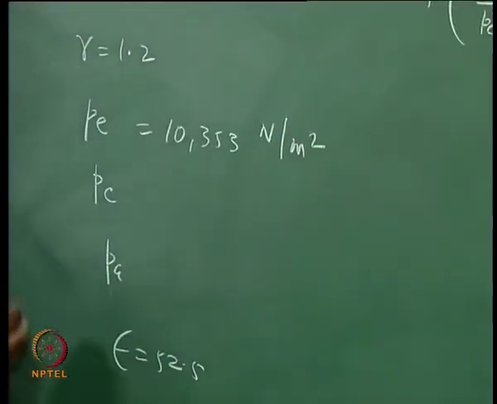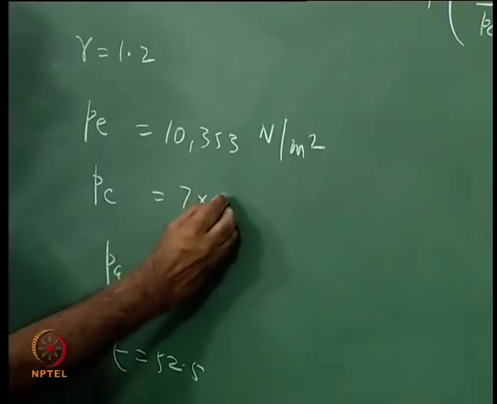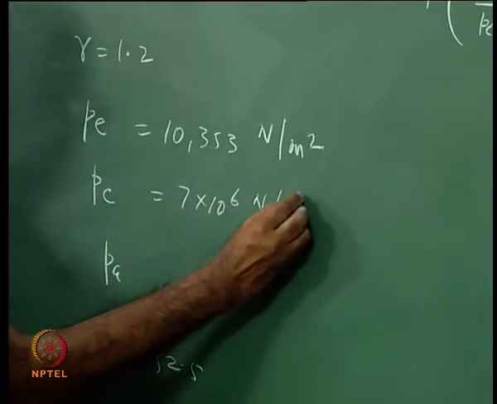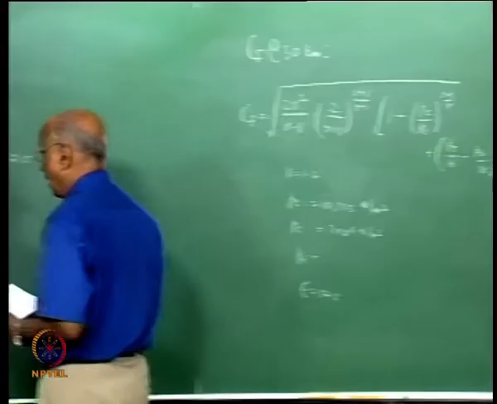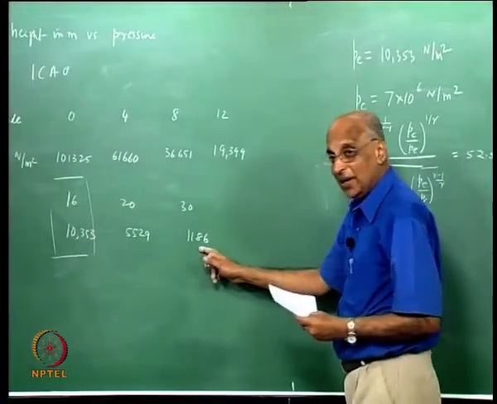Your answer is correct. Pc we know is 7 into 10 to the power 6 Newton per meter square. Pa at the current altitude of 30 kilometers is 1186.